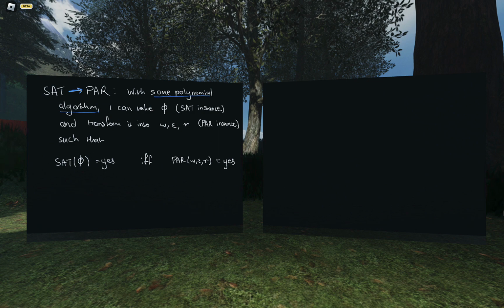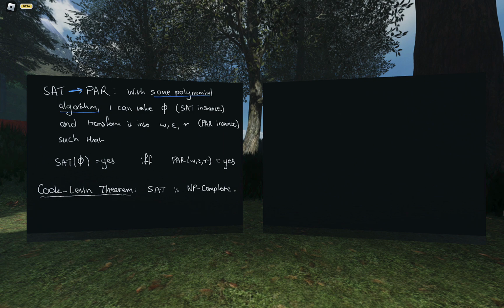But fortunately, a famous theorem from early in computational complexity theory is that SAT is actually NP complete, not only is it NP. So we're going to use this theorem. It's called Cook's theorem or the Cook-Levin theorem. And that's SAT is NP complete.